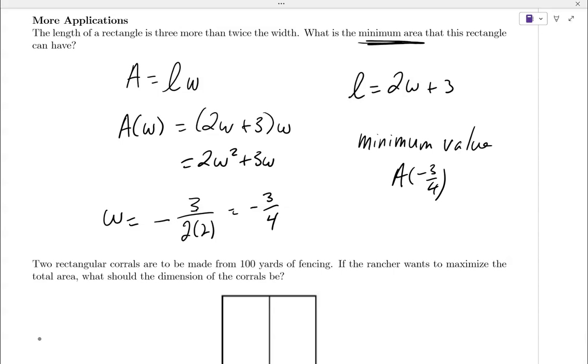And then we would have 2 times negative 3/4 squared plus 3 times negative 3/4. Again, look, this is context independent. What do you get? You get 9/8 when you simplify the first part, and that would be minus 18/8. So it looks like you get a negative 9/8 when you're done. I did the arithmetic correctly.